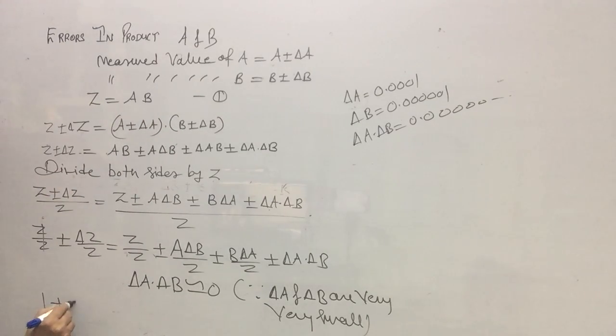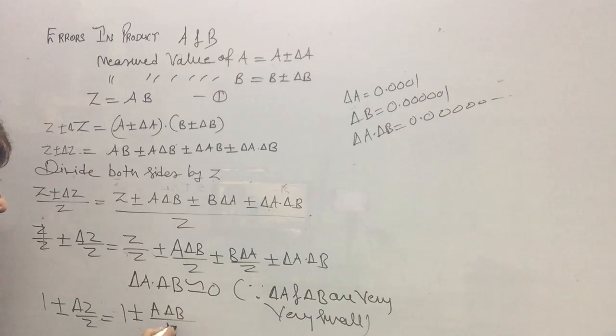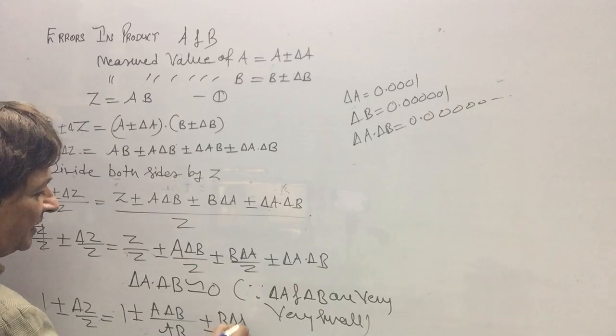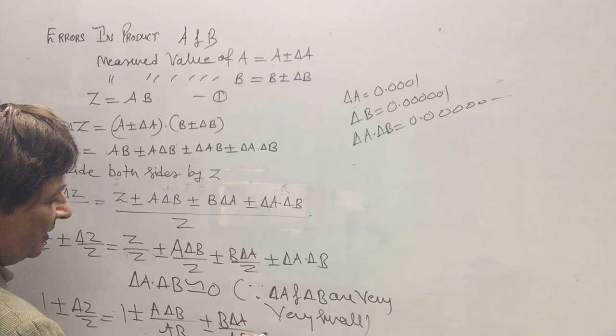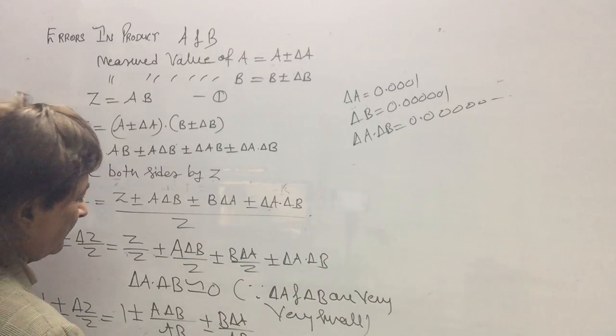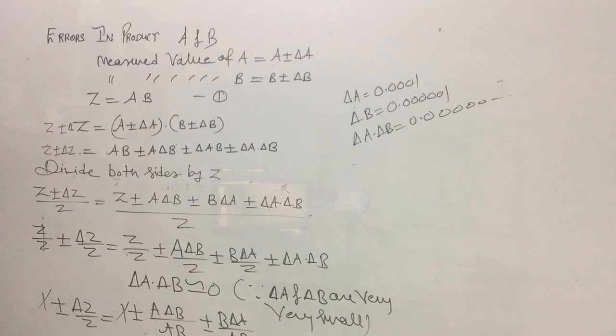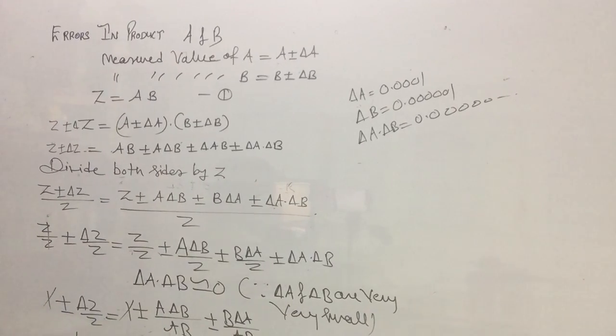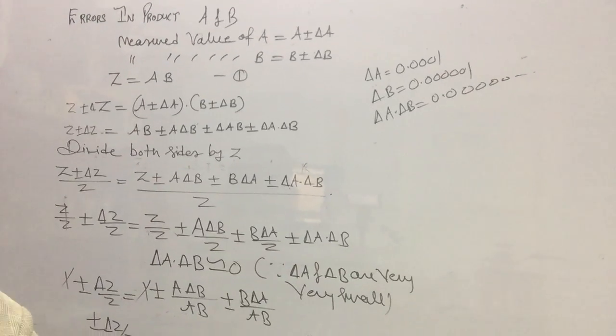This is 1 plus minus delta Z upon Z. This is 1 plus minus A delta B upon Z, plus minus B delta A upon Z, where Z is AB. And ये क्या आ जाएगा? 0. 1 gets cancelled. Plus minus delta Z upon Z, are you getting?